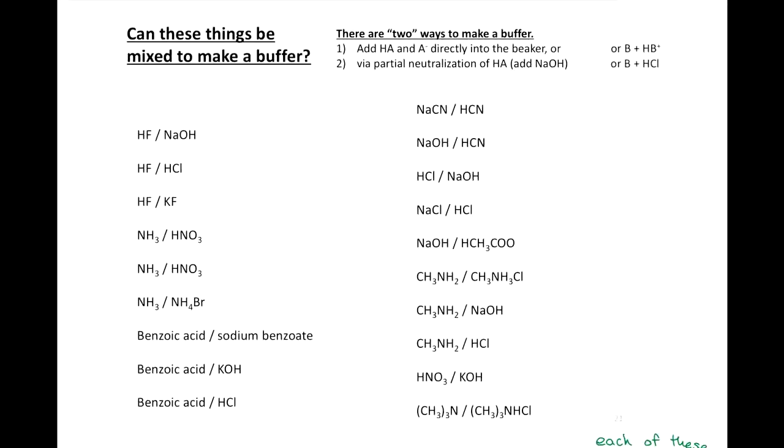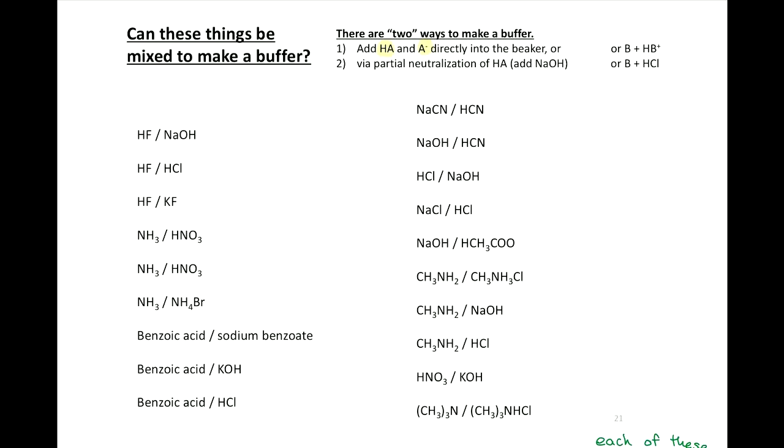Okay, let's practice. Remember, there are 2 ways to make a buffer. I like this game. I'm going to give you a bunch of combinations of things, and you tell me, can these things make a buffer? Remember, what do you need to make a buffer? You need an acid, like HA, and its conjugate base. Those 2 things have to be present in the solution, but there's 2 ways to get that.